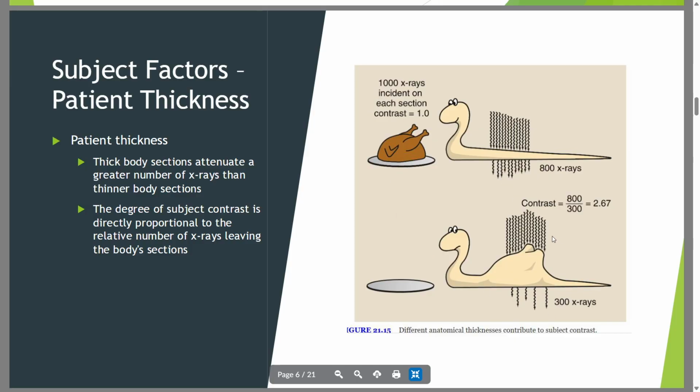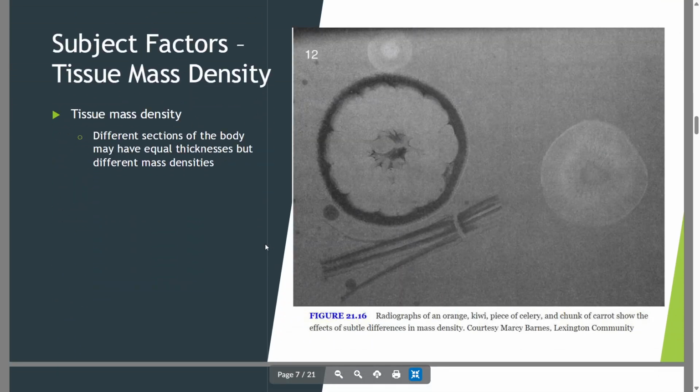So in this case, we have the same number of x-rays starting off going through the patient, but because this one is a little thicker, because of that turkey, not as many are reaching the IR, which would lead to a difference in contrast. So you can imagine that with the x-rays that are absorbed and attenuated, we're going to see a lower contrast image for thicker body parts.